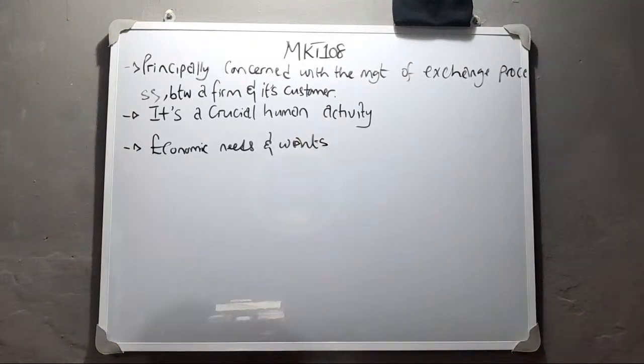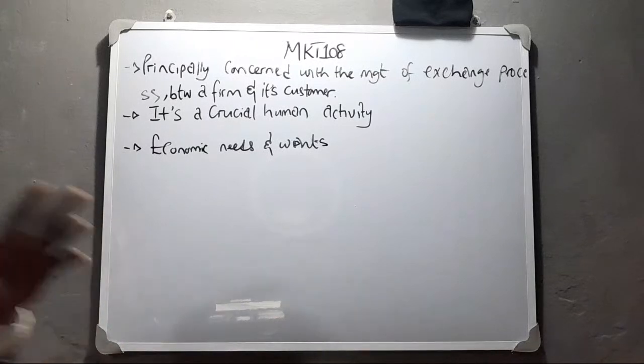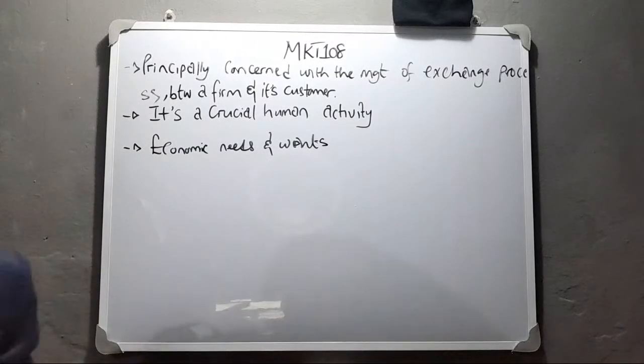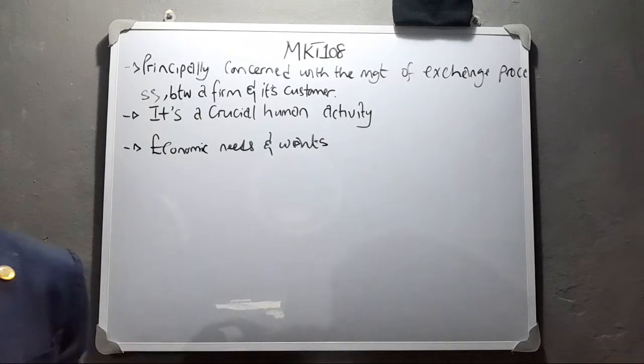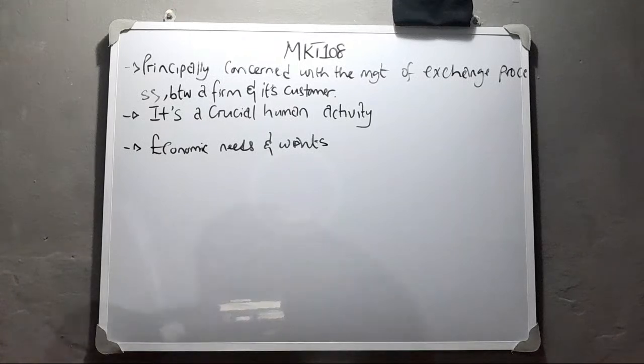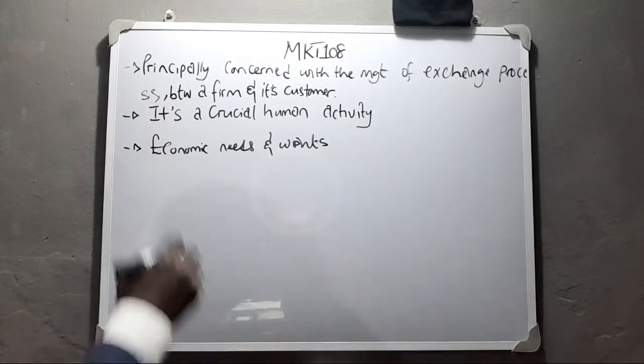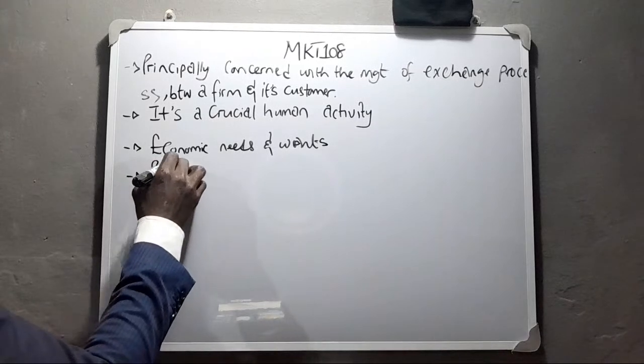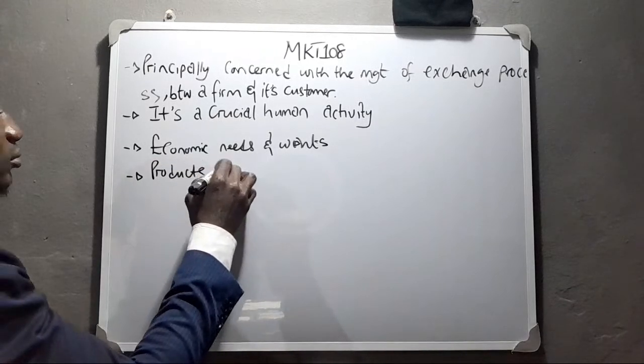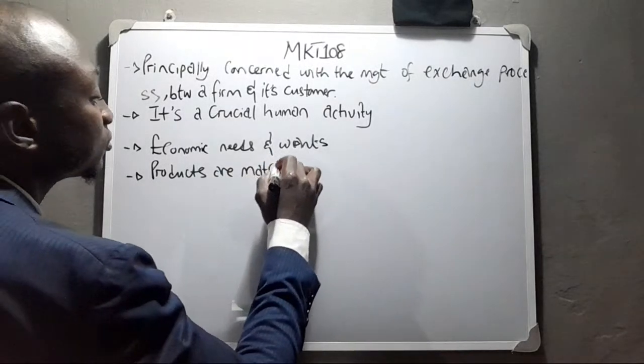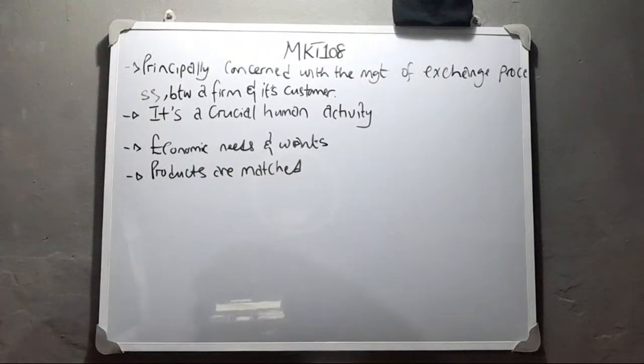Okay, so we have marketing as a business process. Marketing is the business process by which products are matched with markets, through which transfer of ownership is effected. Products are matched with marketers.